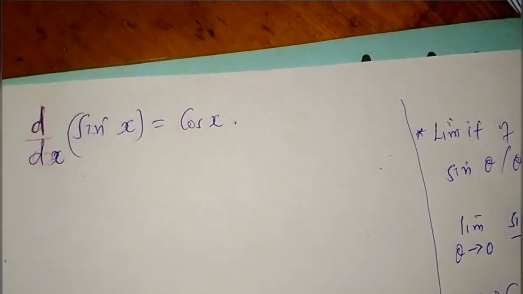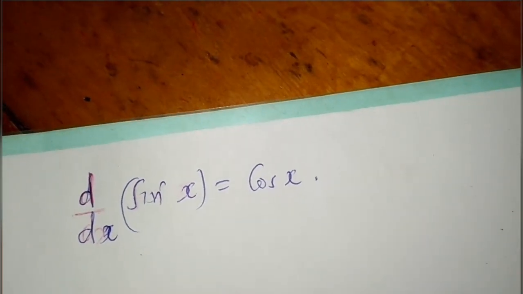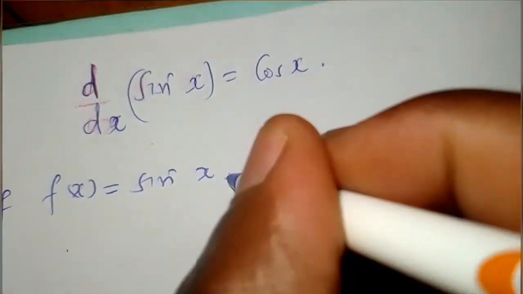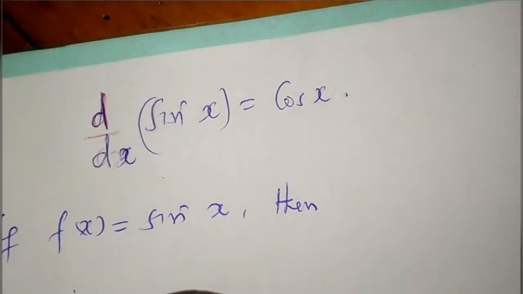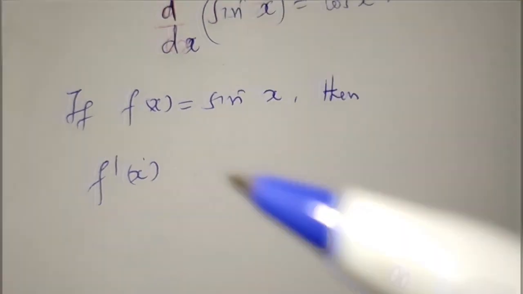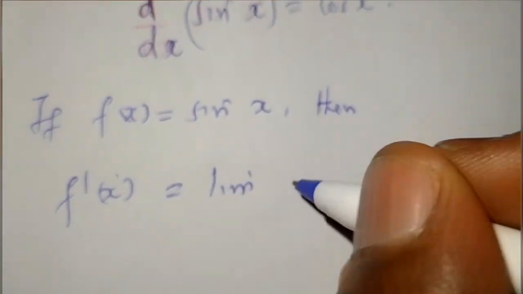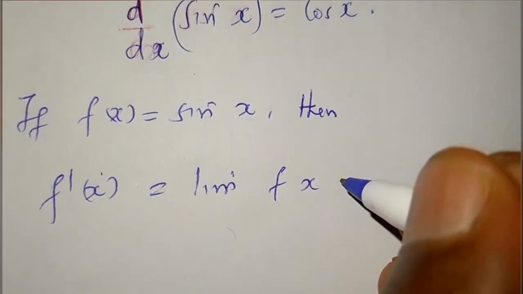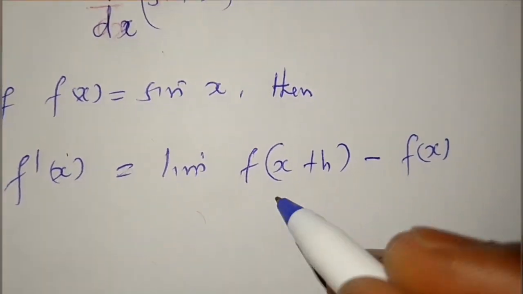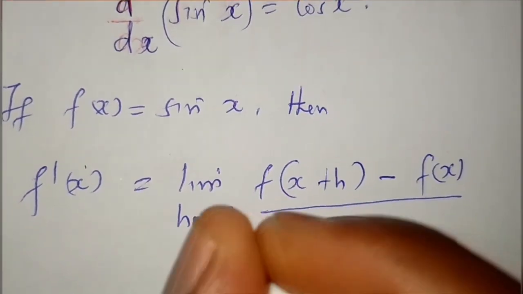So if f of x is equal to sine x, then the first derivative of f of x is equal to the limit of f of x plus h minus f of x over h as h tends to 0.